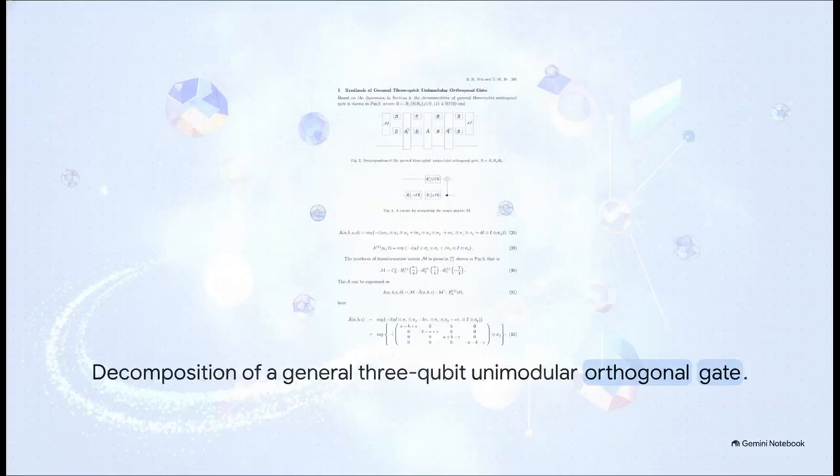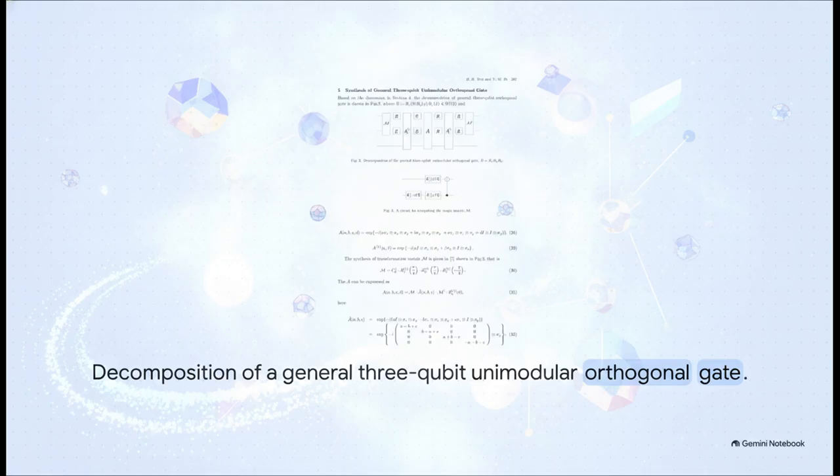If you break down the math of a general 3-qubit unimodular orthogonal gate, like the models from WrittenPress, it can sound pretty intimidating. But what's really happening is quite elegant. These incredibly complex 3-qubit mathematical operations are synthesized, or basically broken down, into sequences of simpler multi-qubit gates.